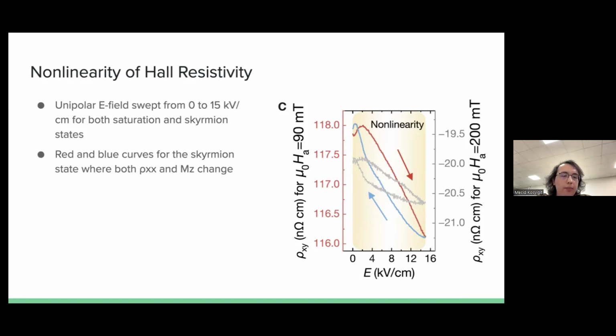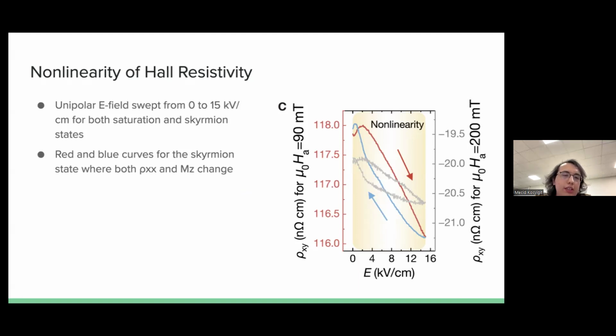Thus, the amplitude is smaller than that of the skyrmion state, where in the skyrmion state, additional change of the magnetization combines with the longitudinal resistivity change. So those two concepts collide with each other.